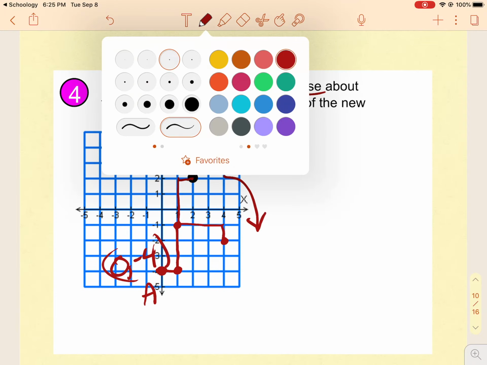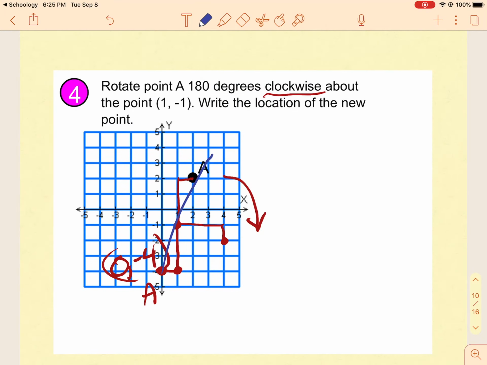And if you notice, if I were to connect these two, it's forming 180 degrees right through this point by rotating it 90 and 90.